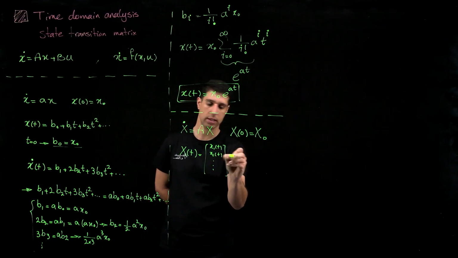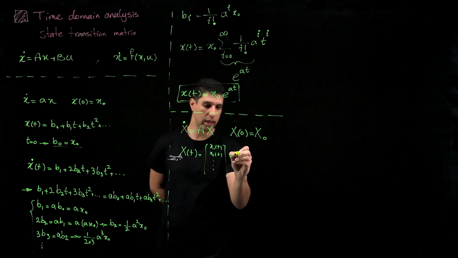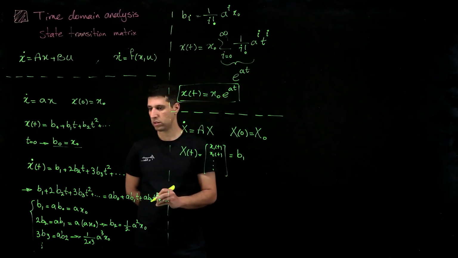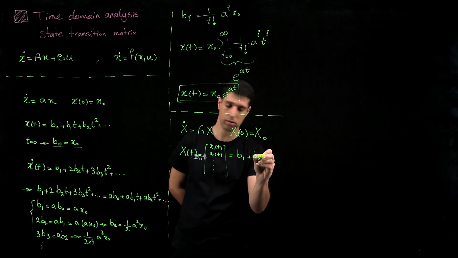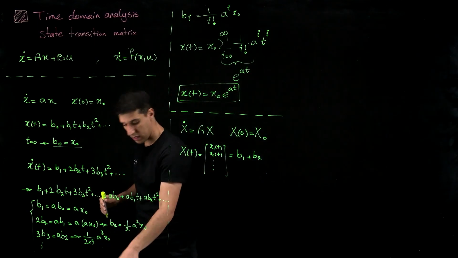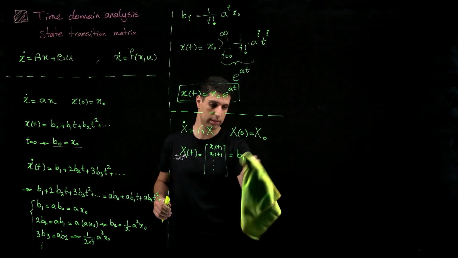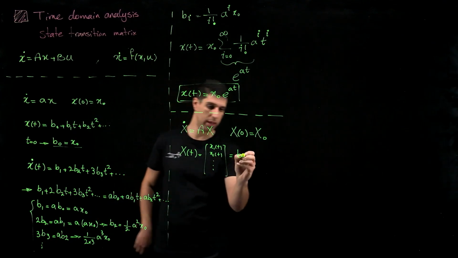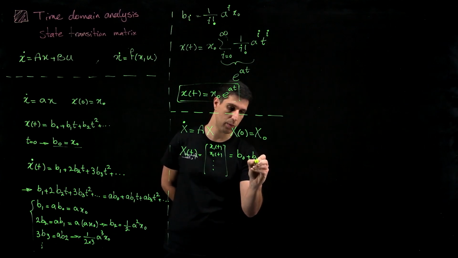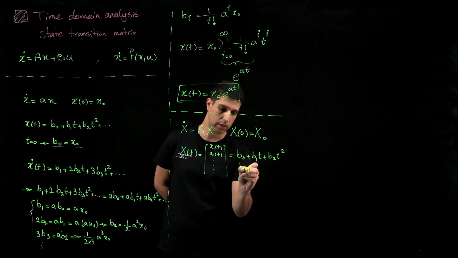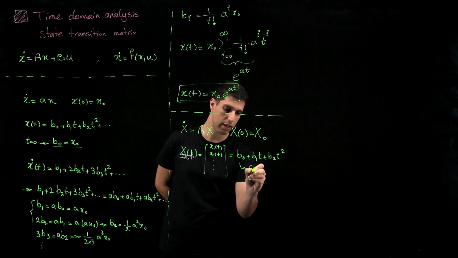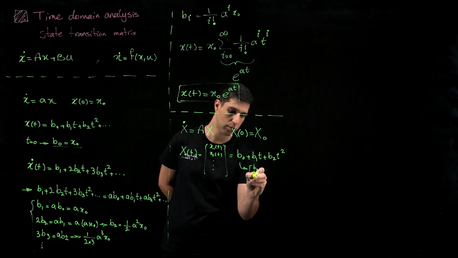This is, again, b naught plus b1 t plus b2 t squared, but remember that these are b naught 1, b naught 2, and so on.